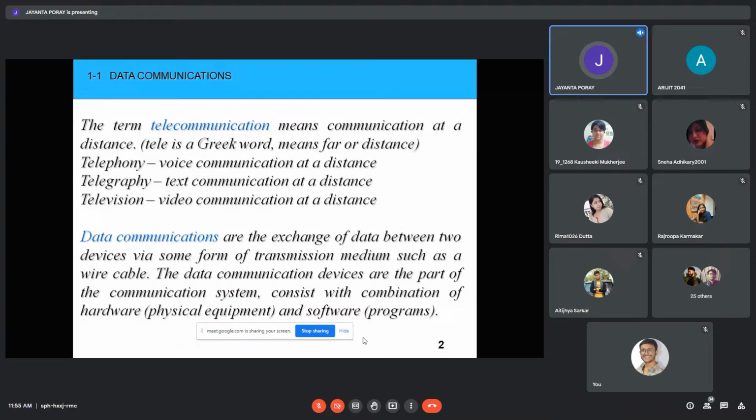Data communications devices are the part of the communication system consisting of a combination of hardware and software. That is very important. In data communications I have physical infrastructure and some programs we call protocols.